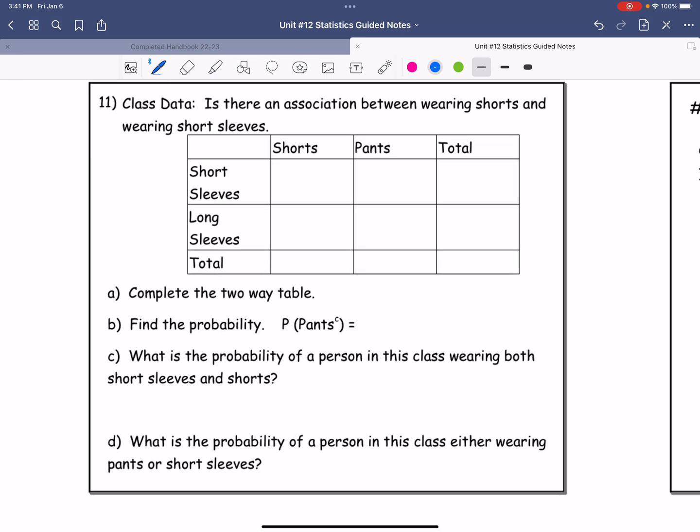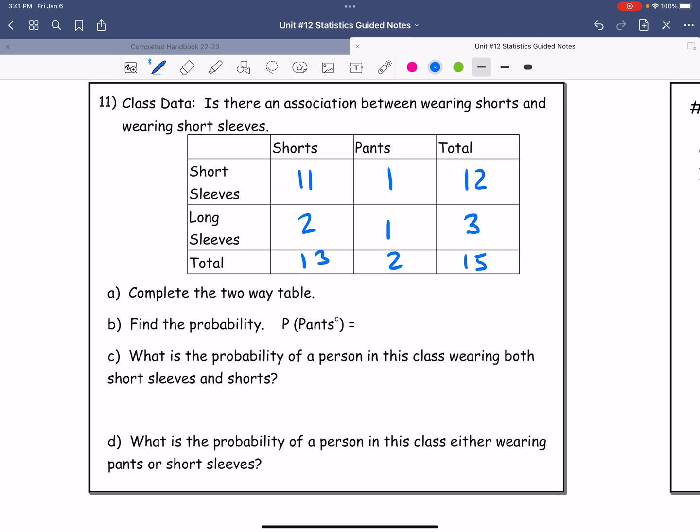So I'm going to go down here. We've got another set of classroom data, and I'm going to just give you some data: 11, 2, 13, 1, 1, 2, 12, 3, and 15. Complete the two-way table. There's your data.